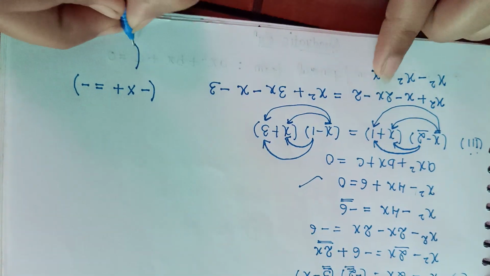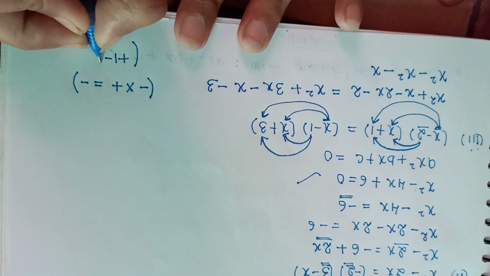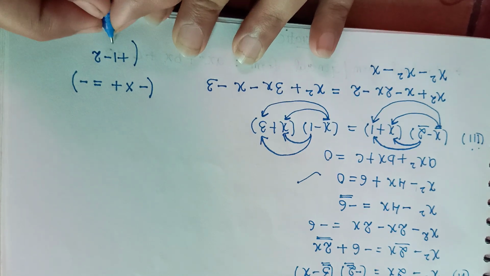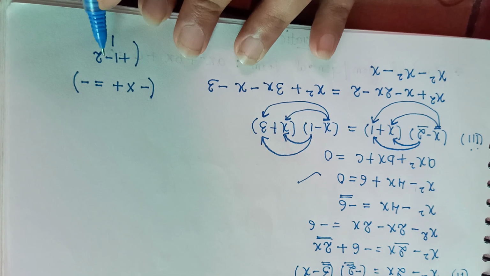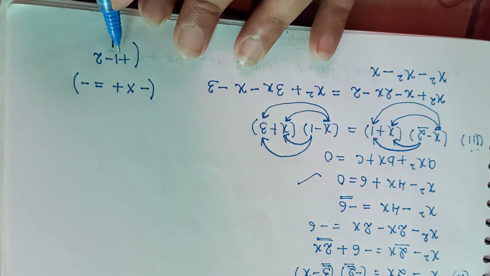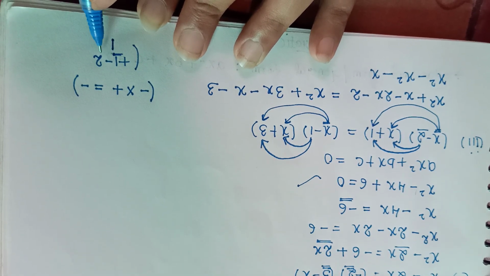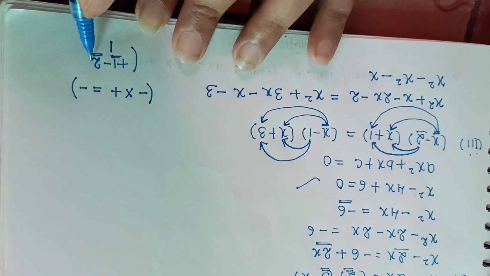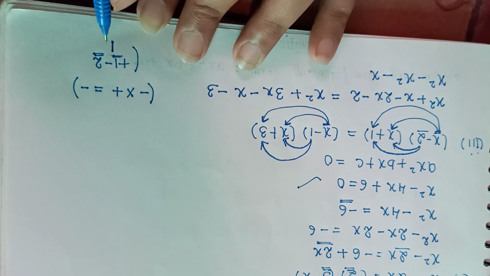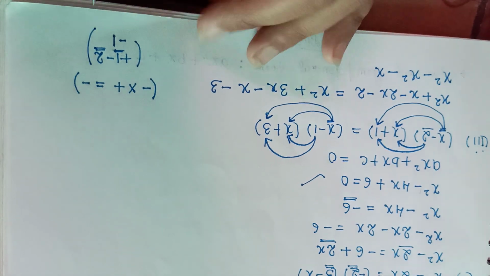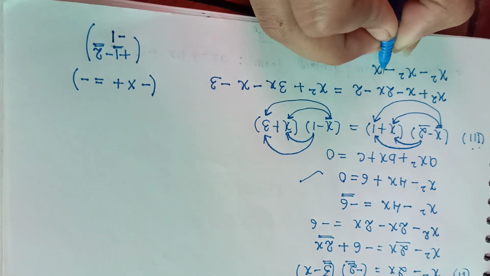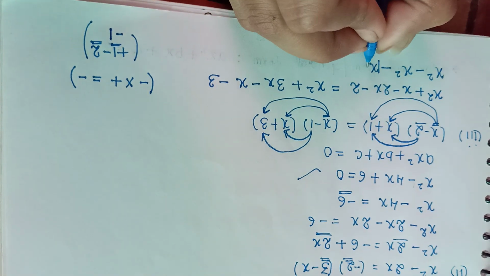We know that plus 1 minus 2 makes 1. After subtracting 2 from 1, we will get 1. The highest number is 2, so 2 carries minus sign. So we get the answer in the minus sign. So here we get minus 1x.